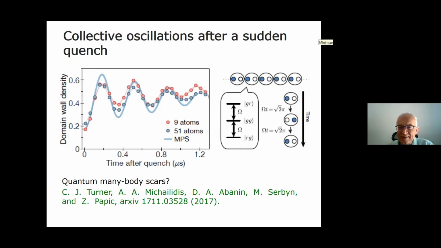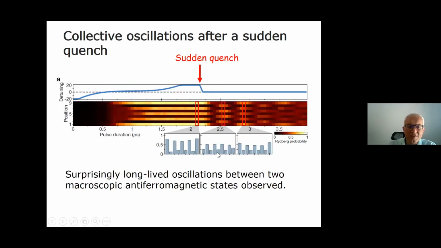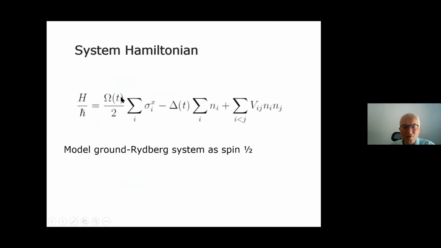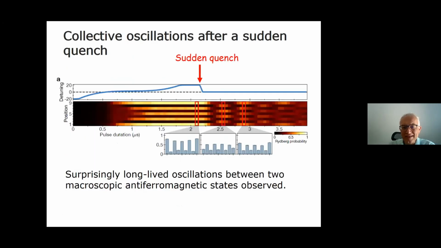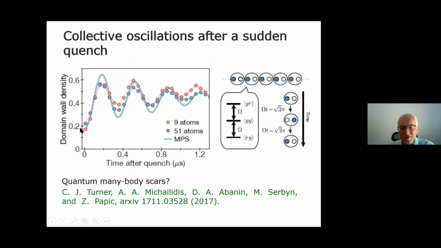So Mahesh asked, is that because every atom oscillates with different Rabi frequencies? No. Each atom, the Hamiltonian is symmetric, so each atom will oscillate with the same Rabi frequency omega. Interestingly, the oscillations that we see here are not at omega, but at 1.55 omega or something like that. You could make a simple dimer model where you just took neighboring atoms, and then you would predict an oscillation at square root of 2 omega, which is close, but definitely distinct from what we observe.